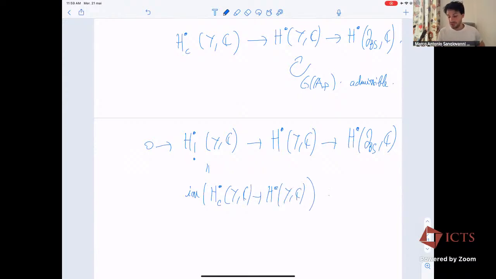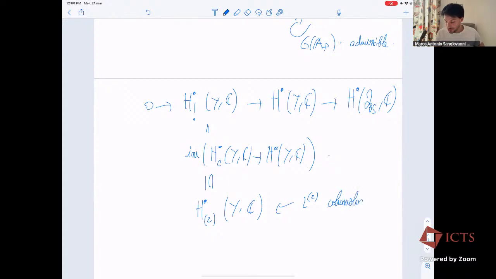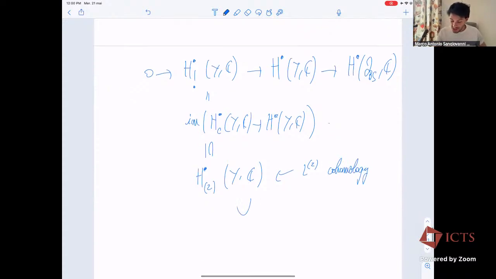You have this exact sequence, but the key point is that the interior cohomology lies in L2 cohomology. This is L2 cohomology, as defined, say, by Franke. The GAF action is unitary.